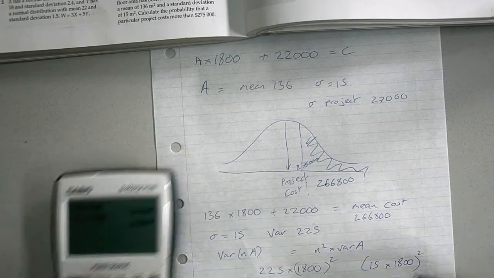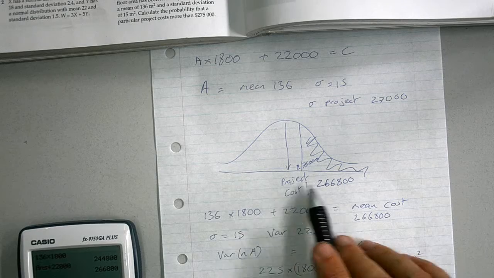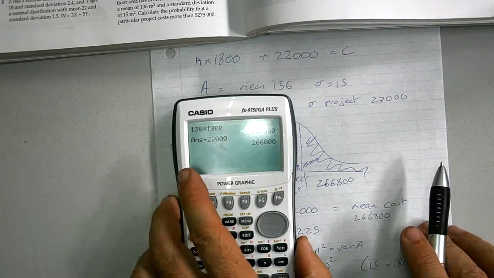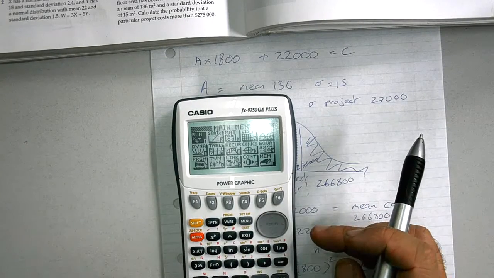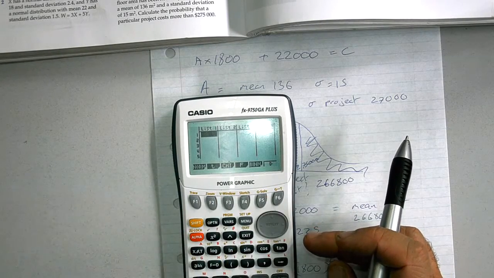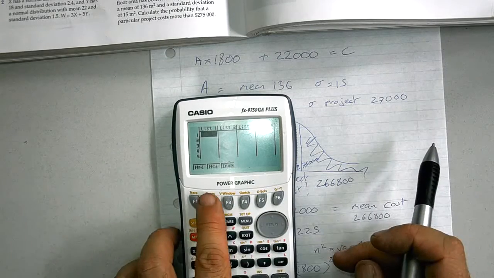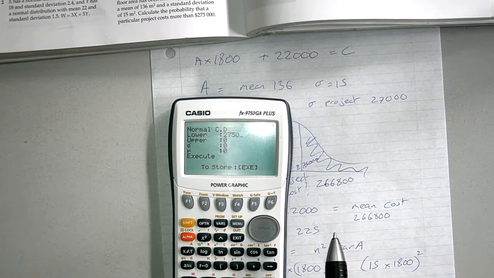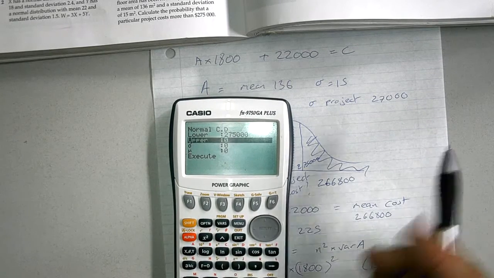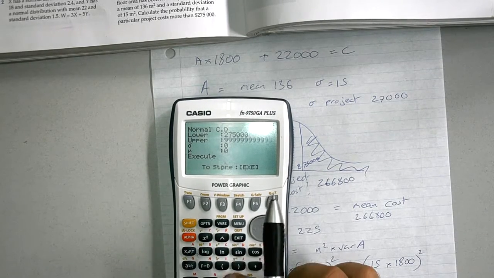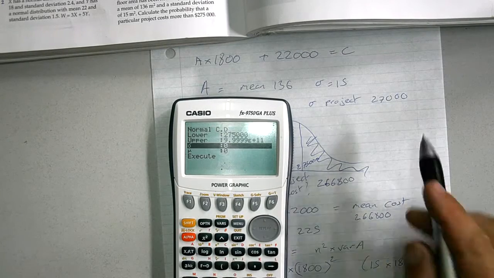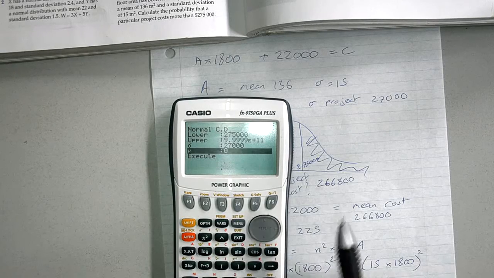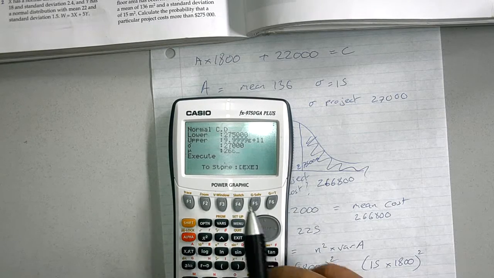Now I can have my calculator. I've got my sigma, I've got my mean, I've got my lower value, and my upper value is going to be all those 9s. So I go to menu, stats, distributions, normal, cumulative. My lower value was 275,000, my upper value is every 9 I can put in, my sigma is 27,000, and my mean was 266,800.